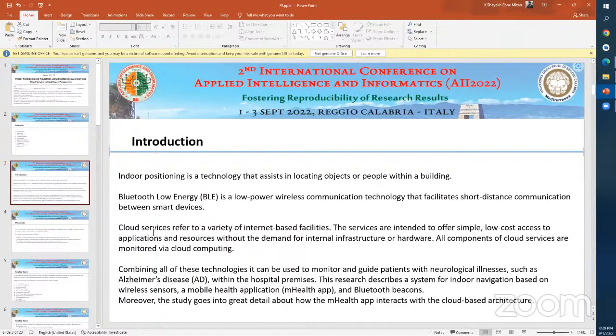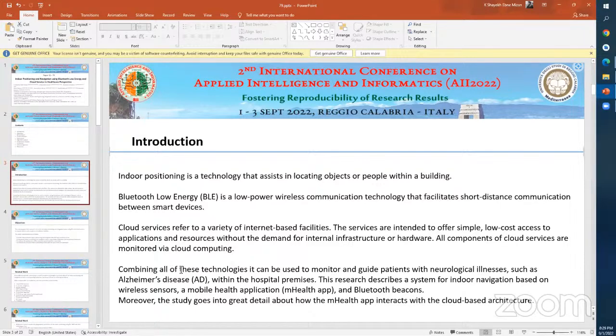Cloud services refers to a variety of internet-based facilities. These services are intended to offer simple, low-cost access to applications and resources without the demand for internal infrastructure or hardware. All the components of cloud services are monitored via cloud computing.